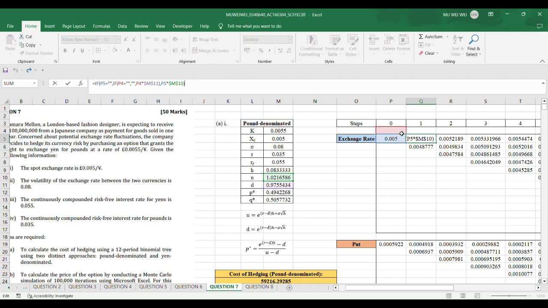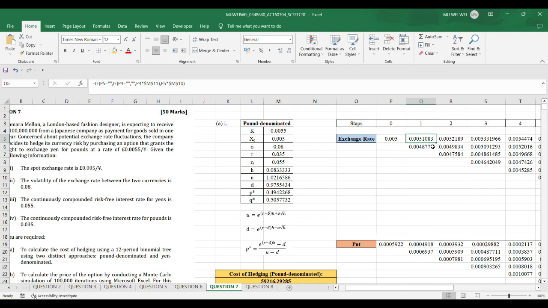But if this cell has a value, then this will be the down node for this cell right here, and the formula will times the value in this cell right here with D. But if there's a value in the cell right here, it will times U, and this will become the up node for this cell right here. So in this case, since we are getting the up node for 0.005, the formula will end up timing the 0.005 with U.